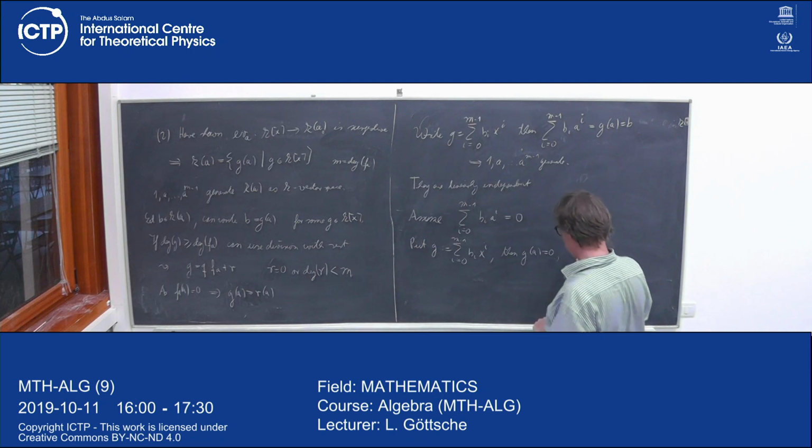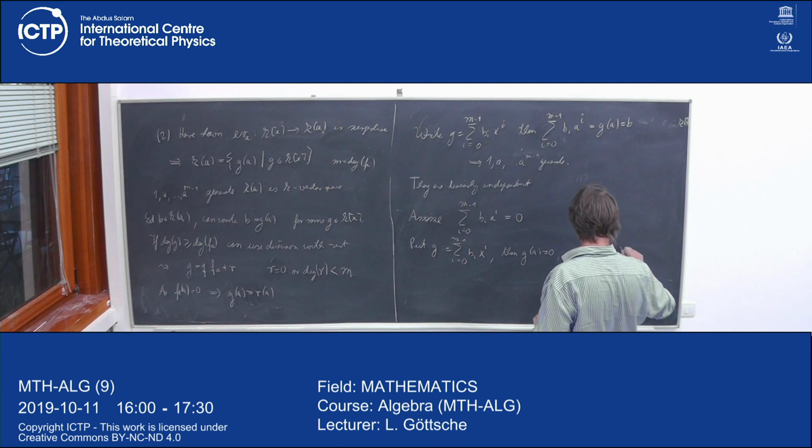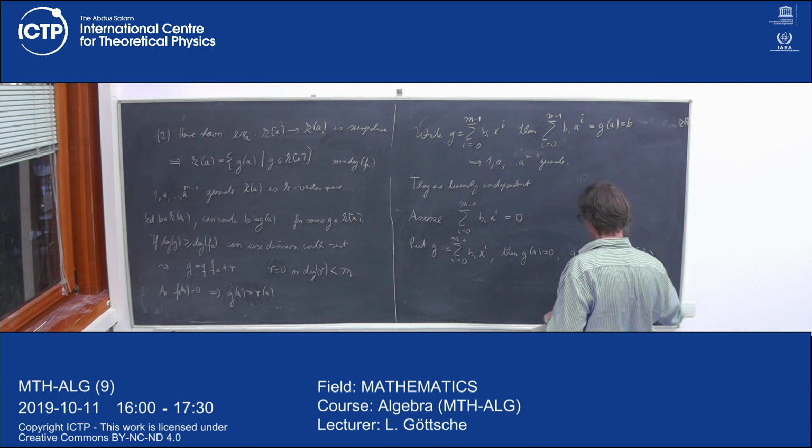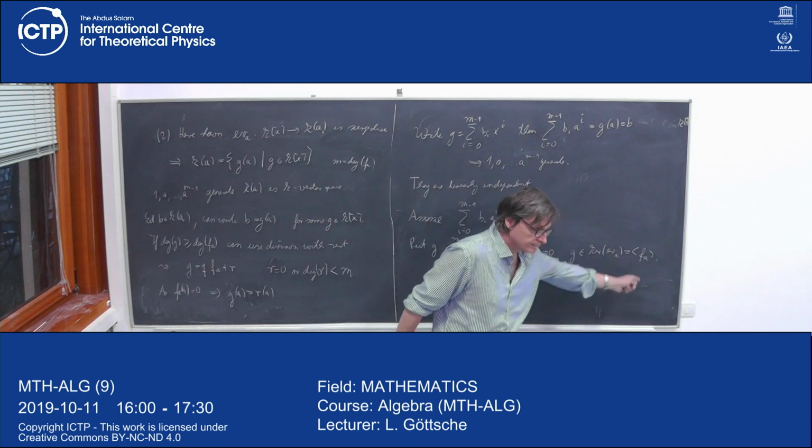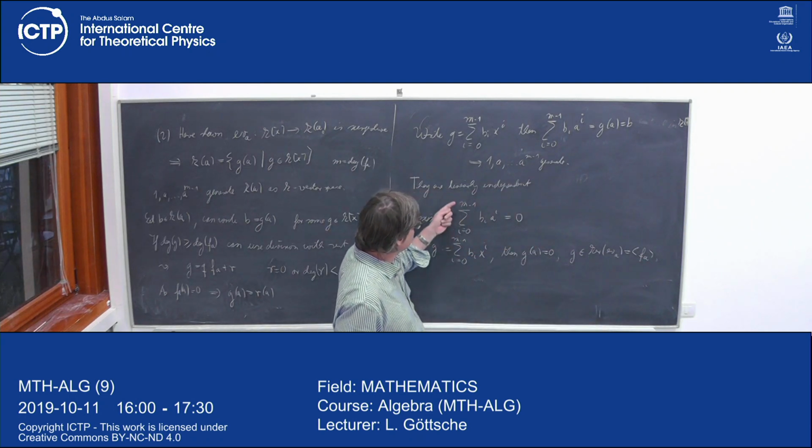So g is an element in the kernel of the evaluation at a, which is generated by f_a. So it's a multiple of f_a. But f_a has degree m, and this has degree m minus 1.